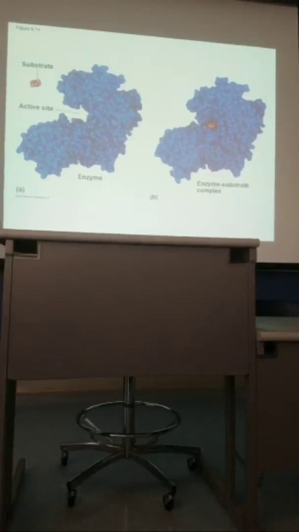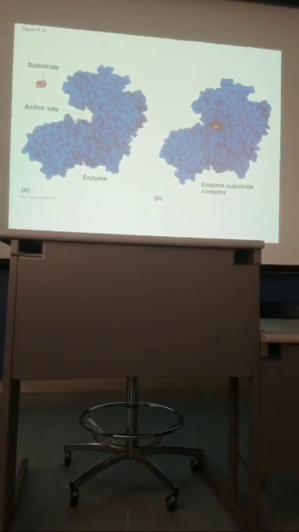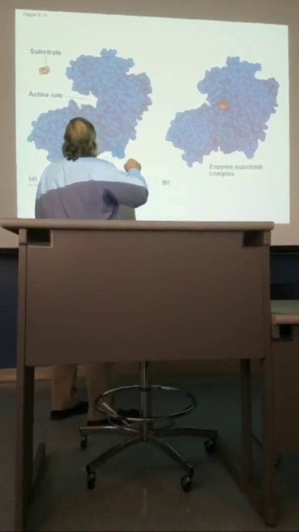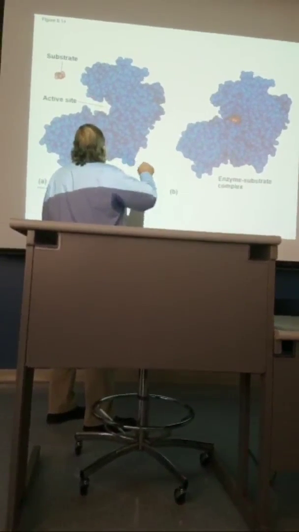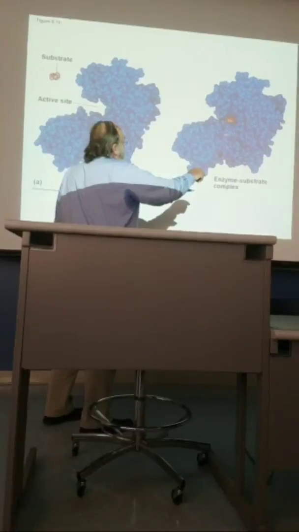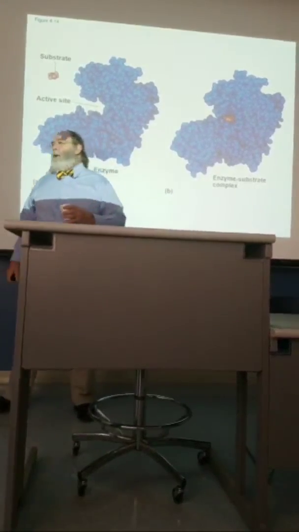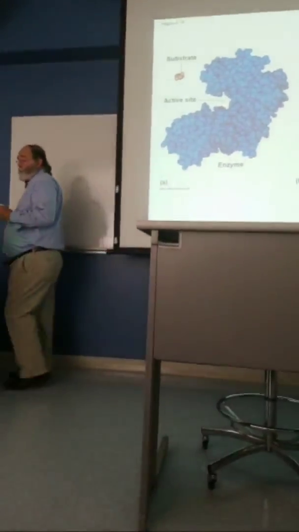Substrate comes along. This is the site where that will fit as you see. Now, one of the things that usually does happen too is once that substrate comes, notice this is a little bit open. Once that substrate hits, this induced fit means the enzyme actually closes around it and fits even better.